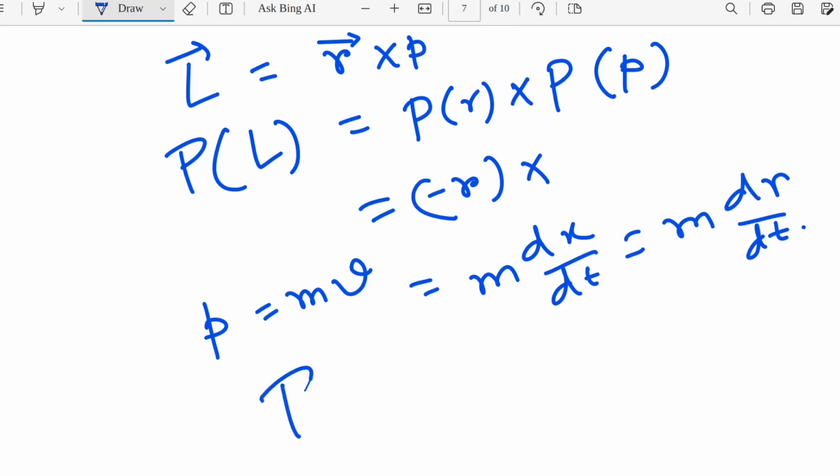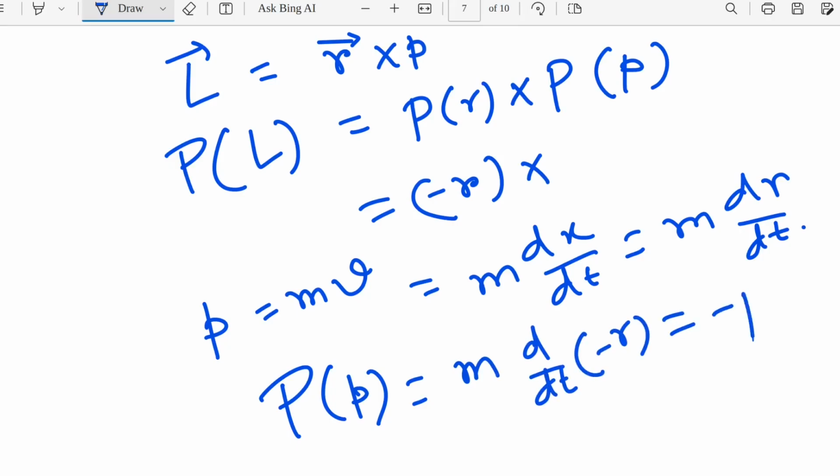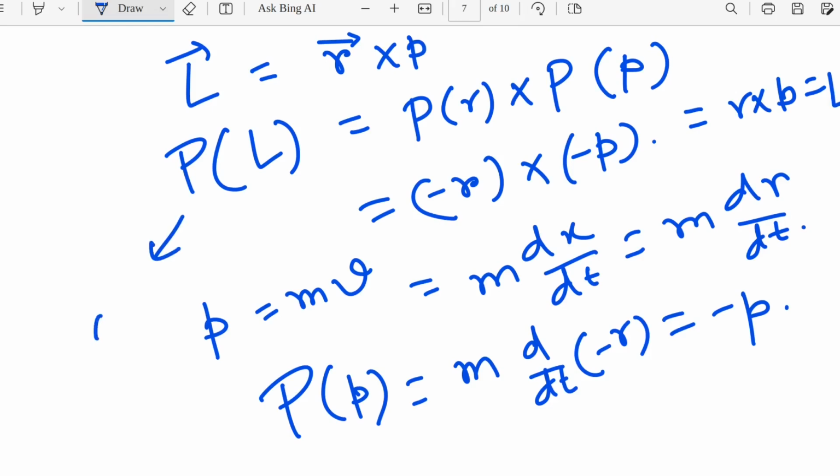If I apply parity on P, it will be m d dt of minus R, that means minus P. So minus R cross minus P gives R cross P again, which is nothing but L again. So angular momentum has even parity, because it has a plus 1 value after operating P on L.